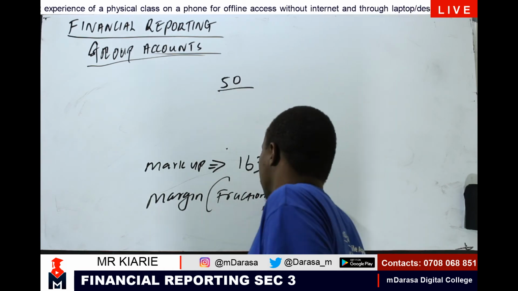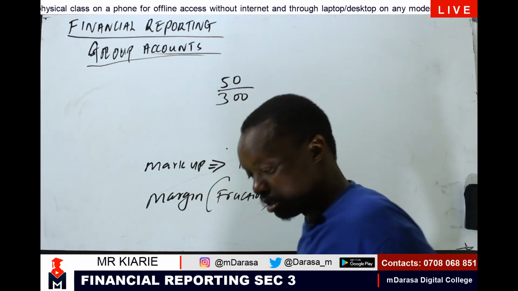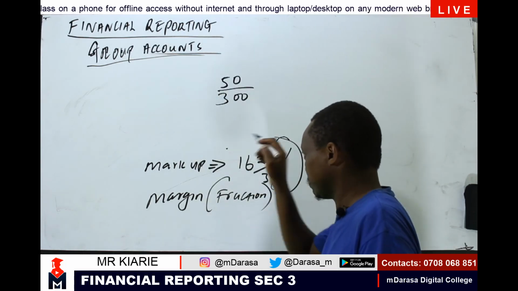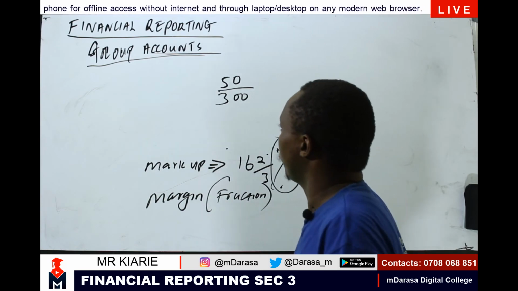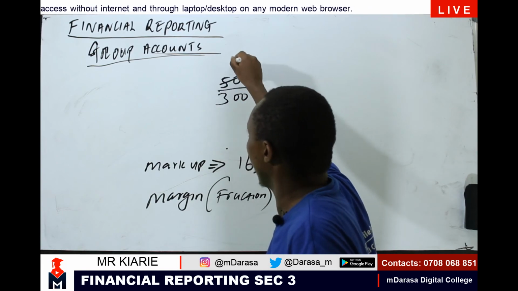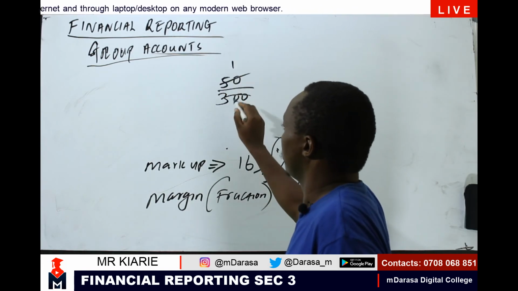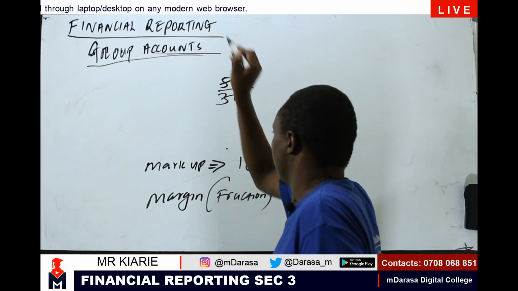Remember, it is a percentage, so it is over 3 over 100. Therefore, if you simplify that, divide by 50, 1 over 6.